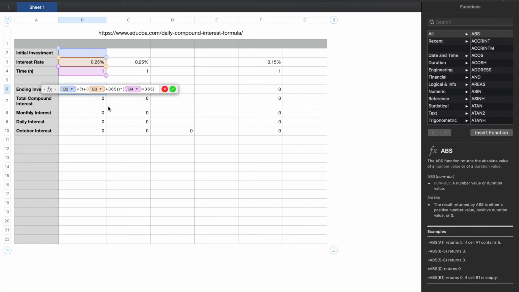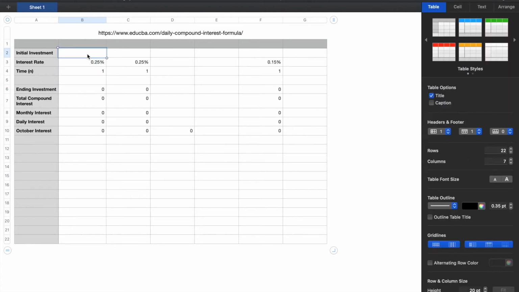And so let's say I have an initial investment of, I'm going to do an uneven number, because these examples on the web give you really easy numbers. Let's just do 1,234. So let's say I invested 1,234 into this account. My interest rate is this. So at the end of the year, my bank account should have this much in it, which means I've earned $3.08 in interest.